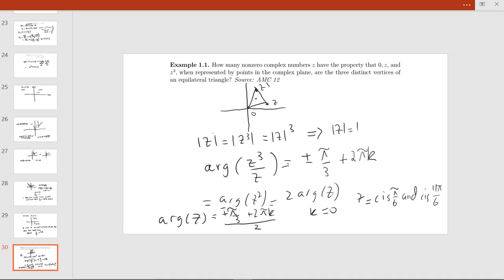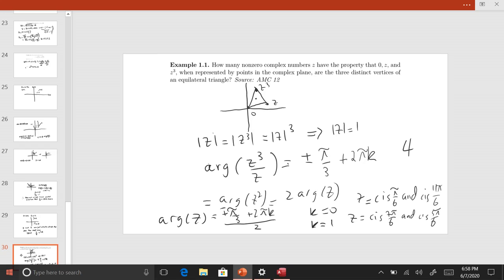Similarly, if we set k equal to 1, we get the solutions z equal to cis 7 pi over 6 and cis 5 pi over 6. And we can see that these are the only solutions, since if k is at least 2, then our argument will be greater than 2 pi. Therefore, we have 4 solutions.